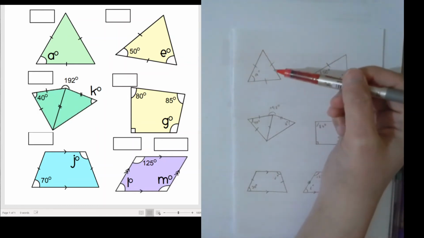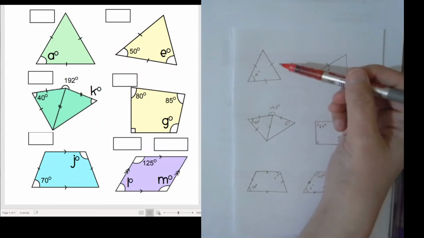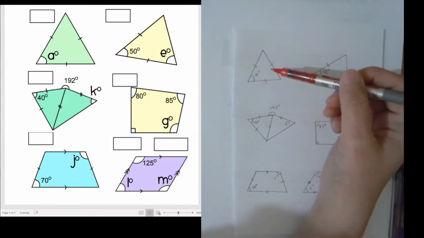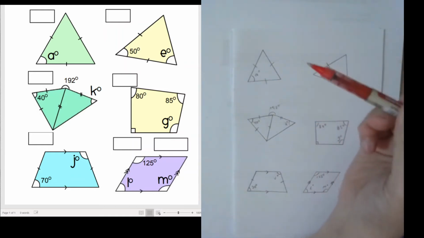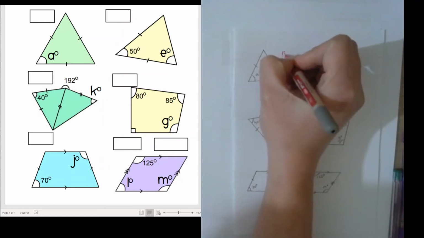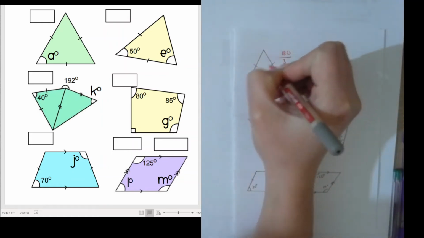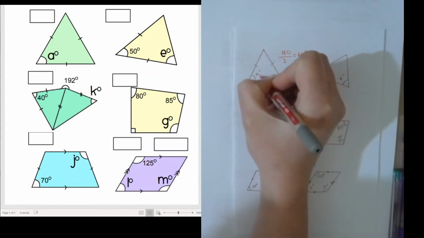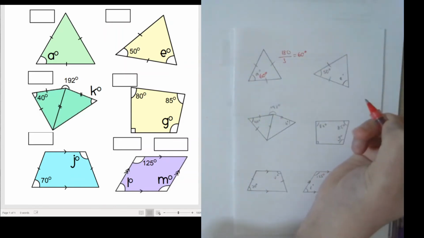It's got 3 equal sides, so that is an equilateral triangle. So an equilateral does not only has 3 equal sides, it also has 3 equal angles. I know that angles in a triangle add up to 180 degrees. So that means I need to divide it by 3 in order to find out what one of these angles are. So this is actually 60 degrees.